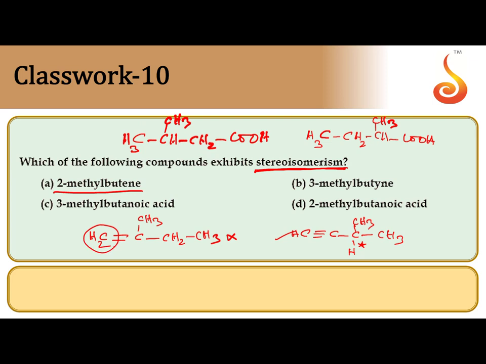Next, 3-methyl butanoic acid, 1, 2, 3, this is having chiral carbon, it exhibits optical isomerism, stereoisomerism. And then 2-methyl butanoic acid, this is also having chiral carbon. So 3-methyl butane exhibits, 2-methyl butanoic acid will exhibit, 3-methyl butanoic acid will exhibit, but only 2-methyl butene won't exhibit.